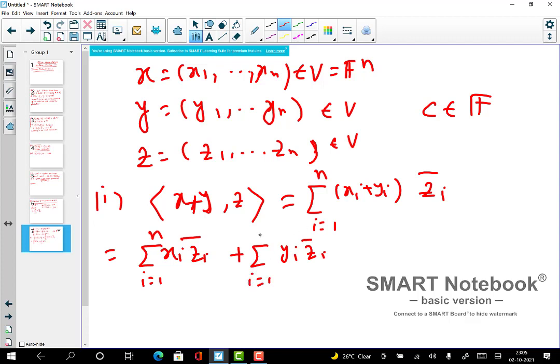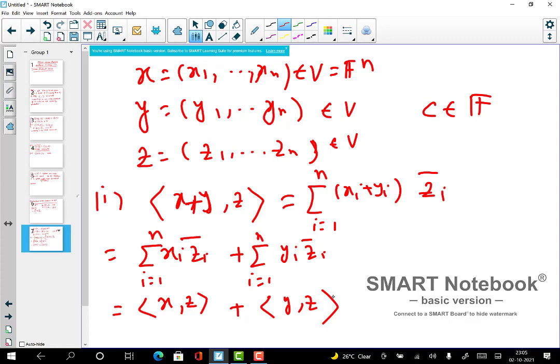The first one is by definition the inner product of x with z, and the second is the inner product of y with z. So the first property is true.